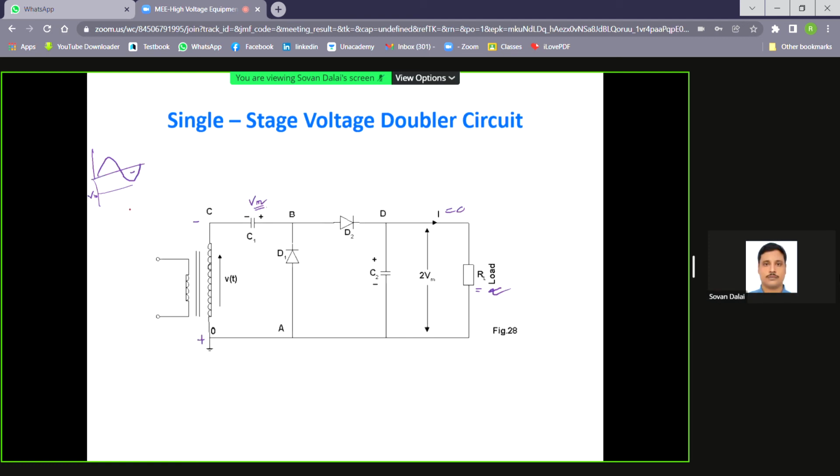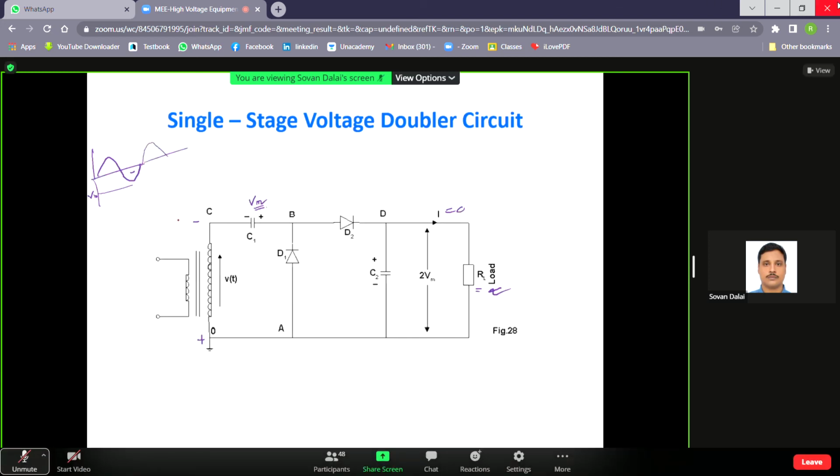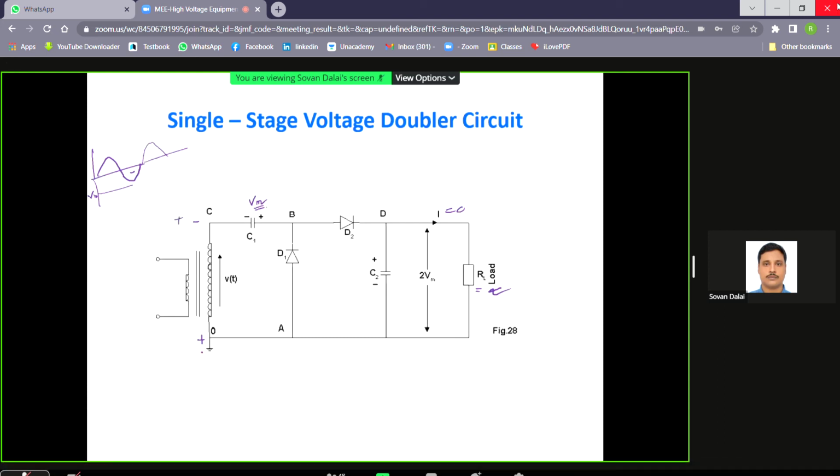Now, when this potential changes from minus to plus, what will happen?